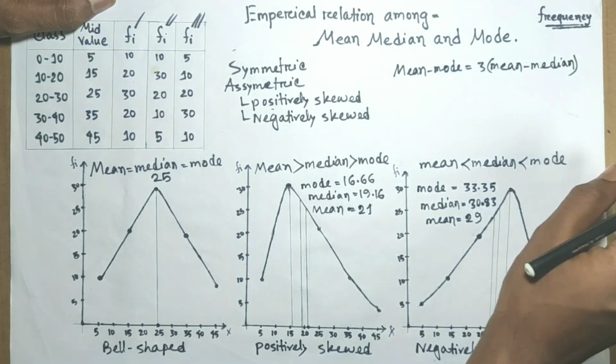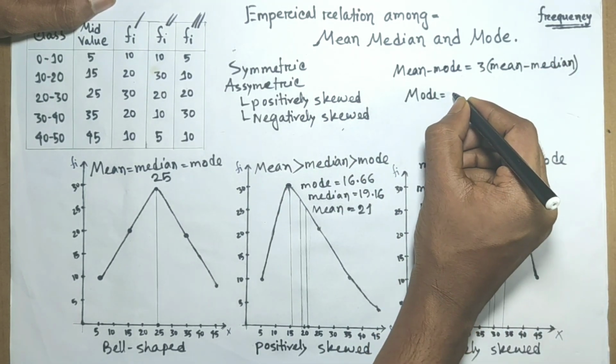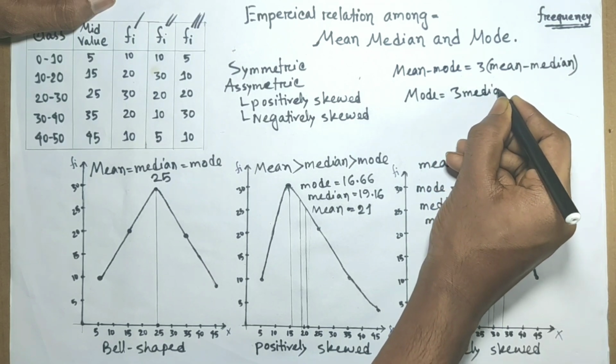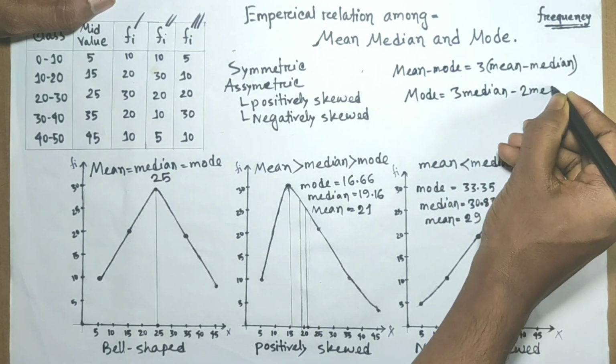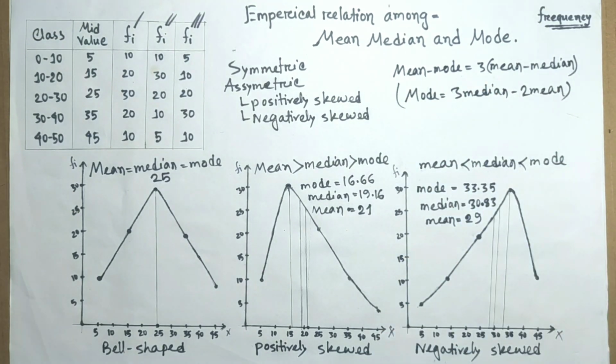By simplifying this equation, you'll get mode equals 3 median minus 2 mean. Remember, this is an observation by Karl Pearson. As you know, an observation will always provide an approximate result.